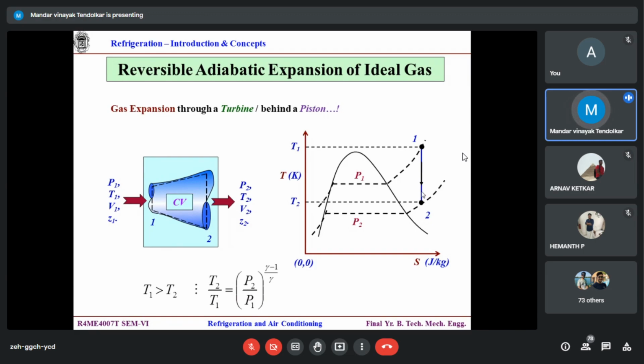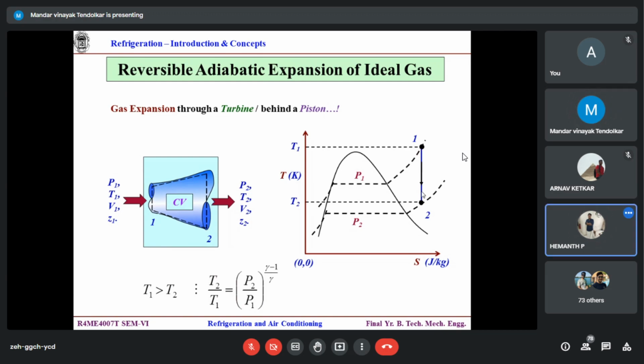So it is free to absorb the heat from the surrounding. So surrounding temperature will be lower. Surrounding in the sense another space I'm saying, not the universe or atmosphere. So the gas leaving the turbine will absorb the heat, right? Yes. If you cannot maintain it as reversible adiabatic, if it is no more adiabatic, it will absorb the heat.